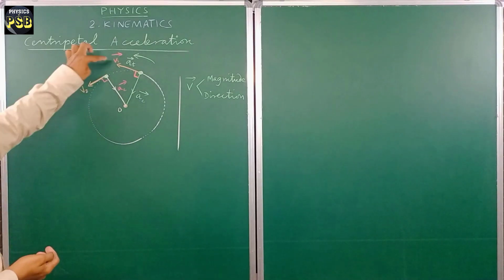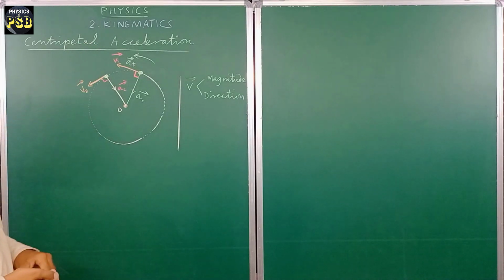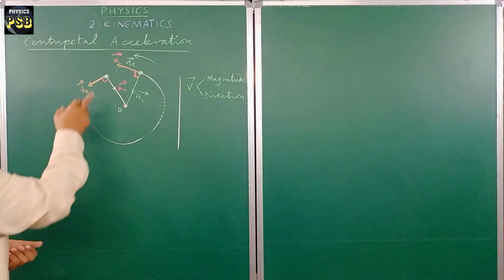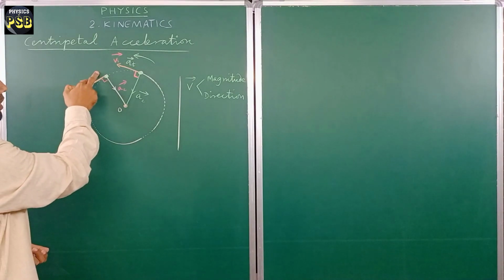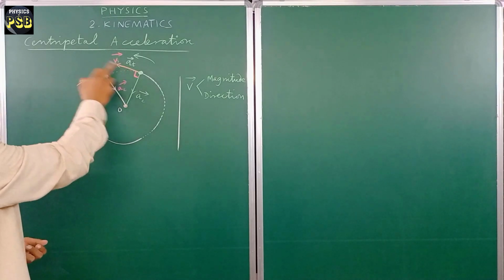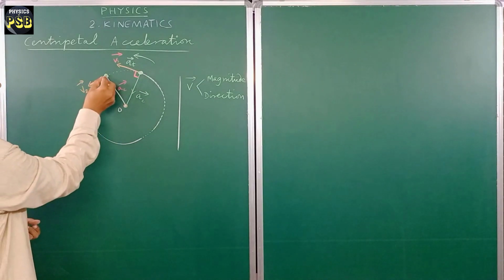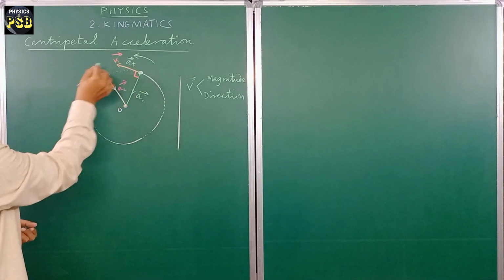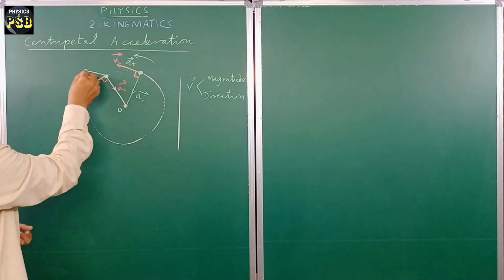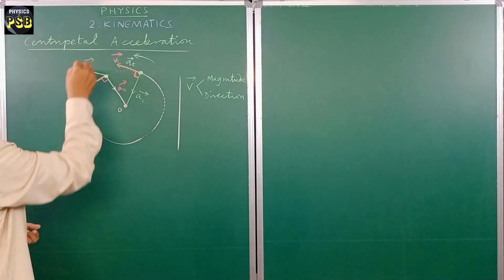So here I have two velocity vectors. This represents v1 vector, this represents v2 vector. Now I'll draw a line which is in the exact direction of, or parallel to, this line. This is exactly parallel to this line, and it represents the v1 vector.